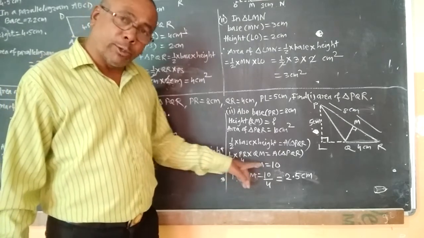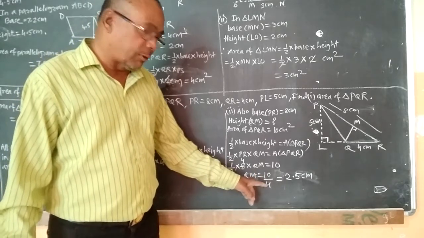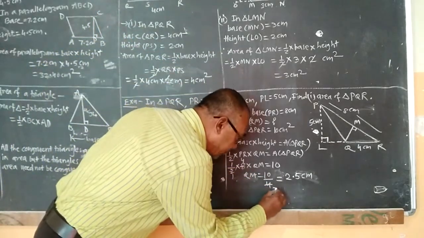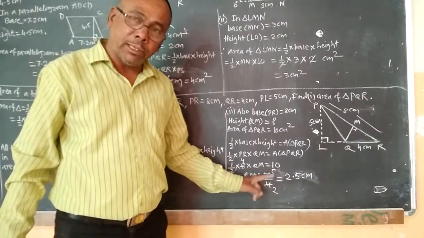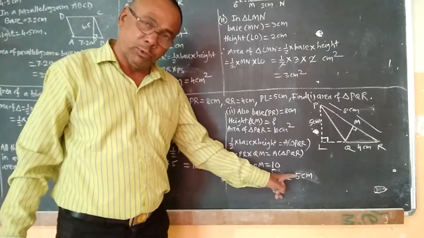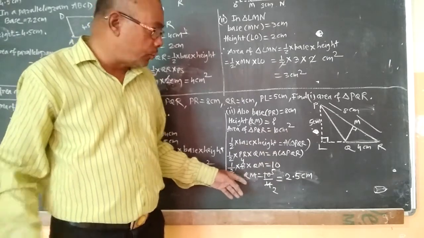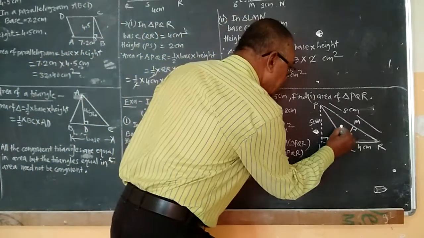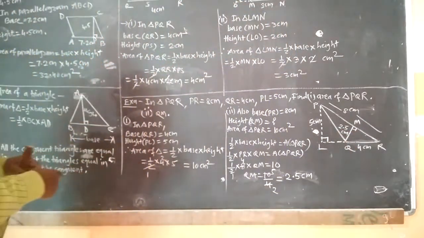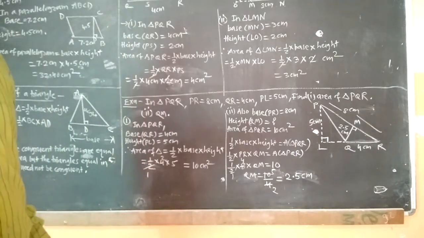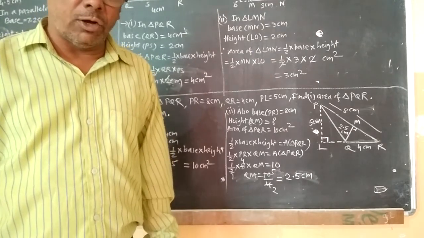Here 4 is multiplying QM, so it divides on the other side, so QM is equal to 10 upon 4, which reduces to 5 upon 2, that is 2.5 centimeter. In this way the length of QM is 2.5 centimeter. So in this way we have seen various types of questions related to the area of parallelogram as well as area of triangles.